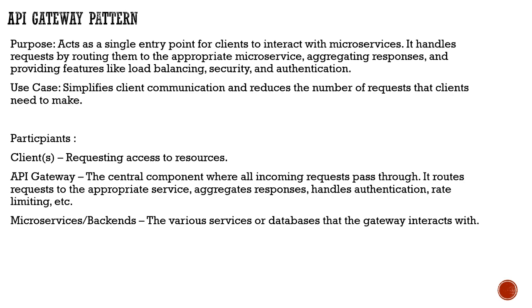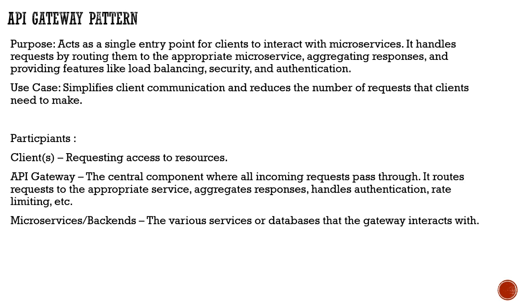So it simplifies your client communication, and it also reduces the number of requests going from the client to the services. Here there are three things involved: the client, the gateway, and the microservices or the backend. The client makes the request, and the API gateway sits in the central part, where all incoming requests pass through it, and then it routes each request to the appropriate services.